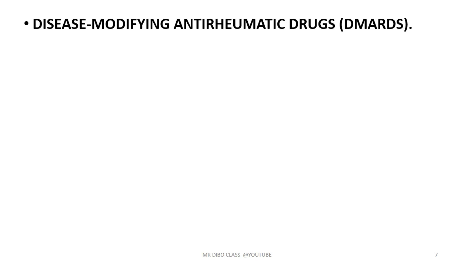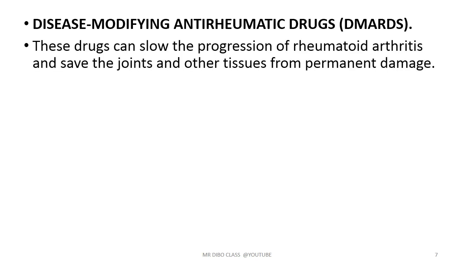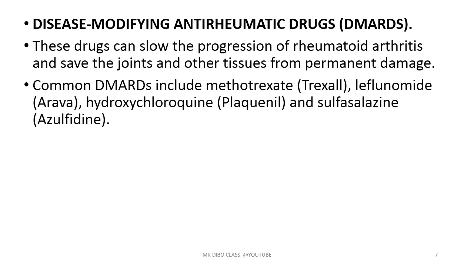The third group of drugs which you can pick on are DMARDs. So these DMARDs are disease-modifying anti-rheumatic drugs. Now these are drugs which simply slow the progression of rheumatoid arthritis and they save the joint and other tissues from permanent damage.